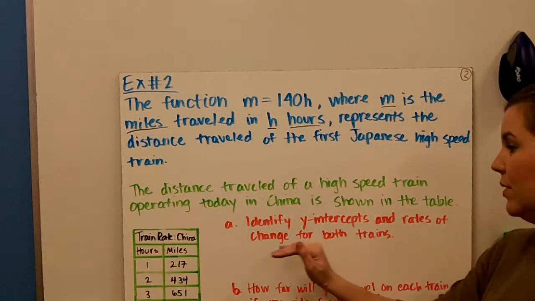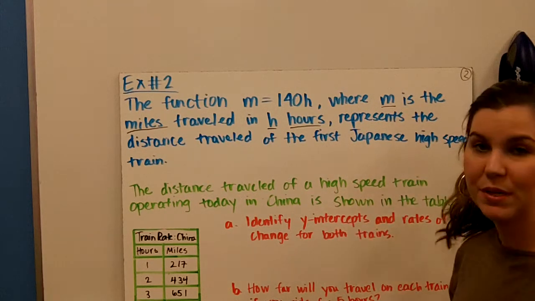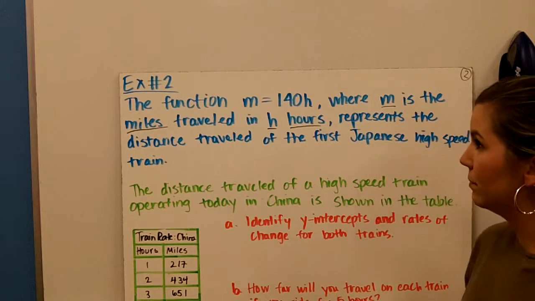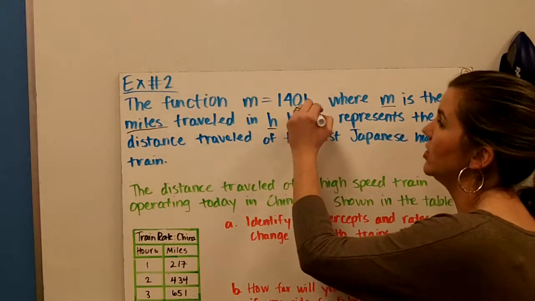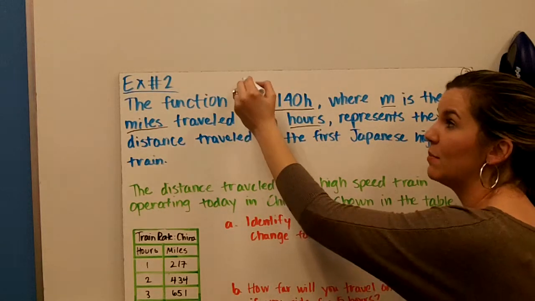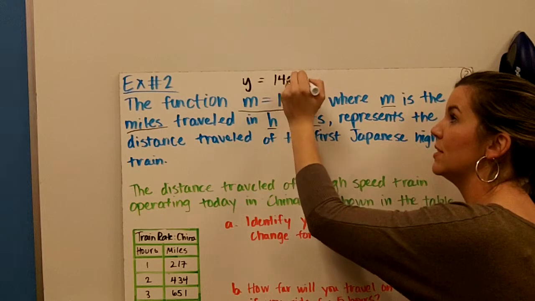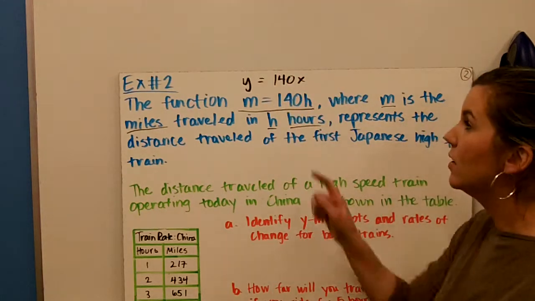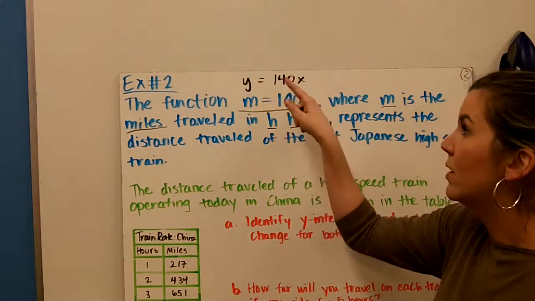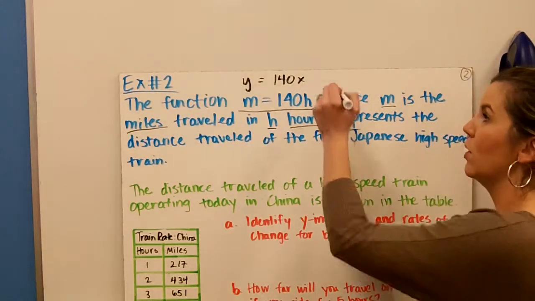Identify the y-intercepts and rates of change for both trains. Now remember, the y-intercept is your initial or starting value. If we're looking at this equation for Japan, I can see that m is like my y value, and h is like my x value. So this is another way we can write it in y equals mx form, y equals 140x. Well, we usually write y equals mx plus b form.